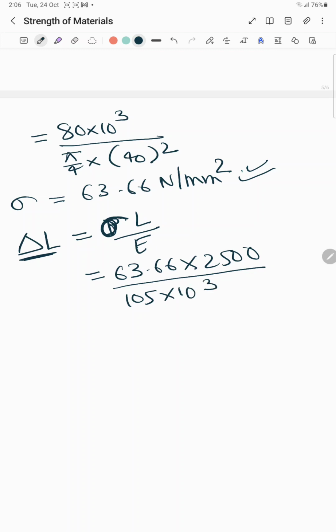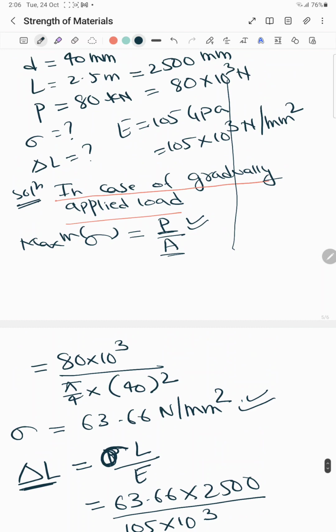From this we get the value around 1.516 mm. So now it's done for the gradually applied load.